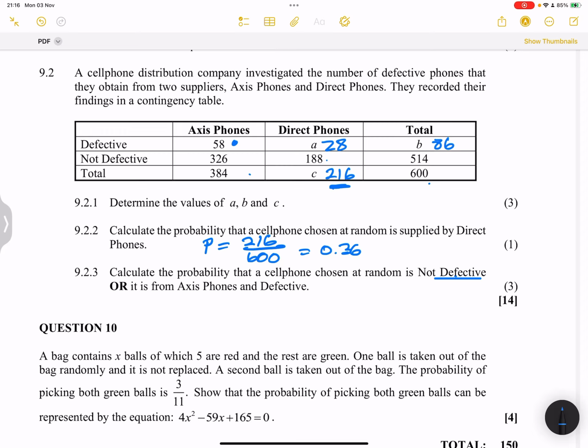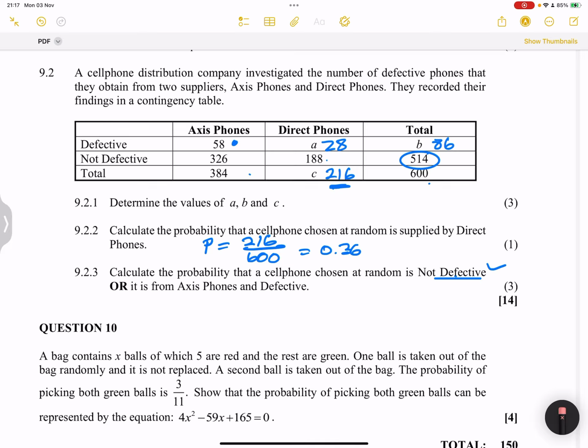The total number of phones that were not defective is 514, but they are not just looking for not defective, they're also looking at the defective axis phones. So it's either not defective or it is from axis.